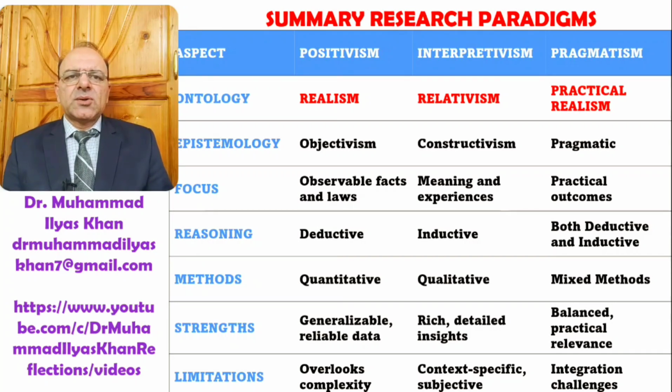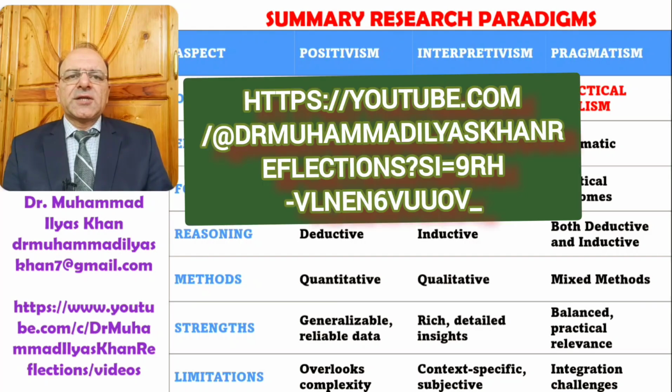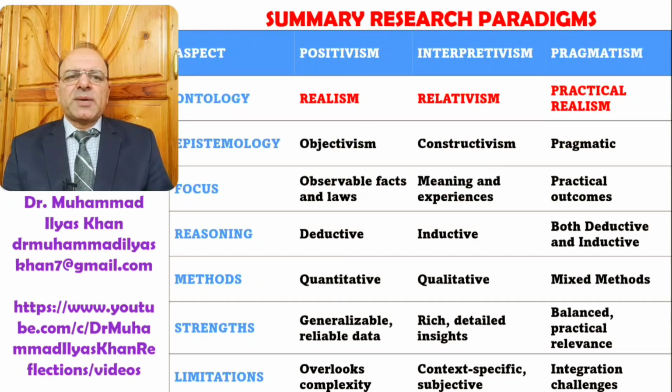The focus of positivism is on observable facts. Interpretivists focus on meaning and experiences, and pragmatists focus on practical outcomes. In terms of reasoning or logic, positivists follow deductive logic, interpretivists follow inductive logic, or going from specific to general, and pragmatists make use of both inductive and deductive reasoning.